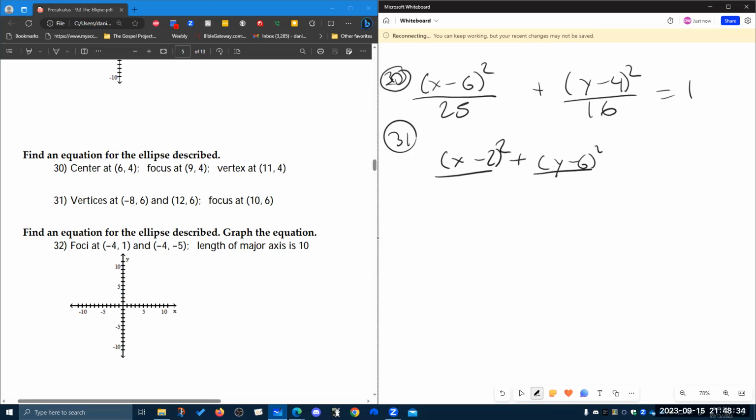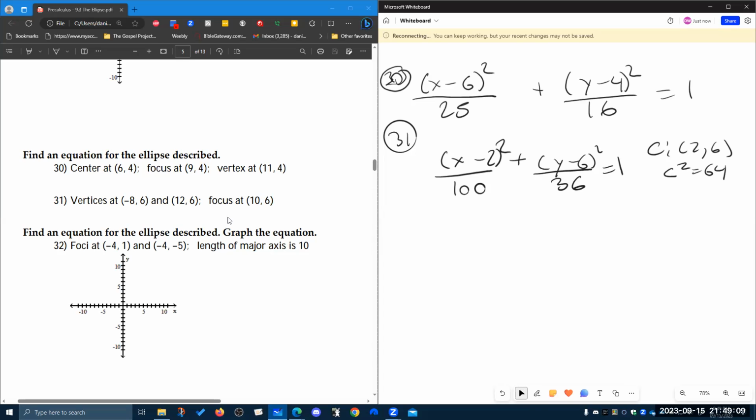And we have gone 10 in each direction. 10 squared is 100. Then to get from the center, which was at (2, 6), to 10, 6, we went 8. So c squared is 64. So this is going to be 36 down here.